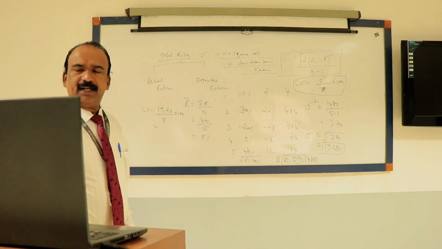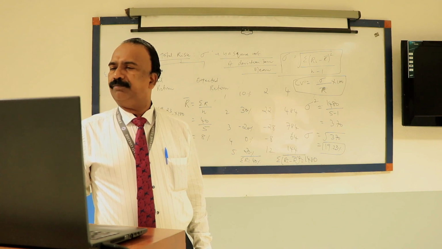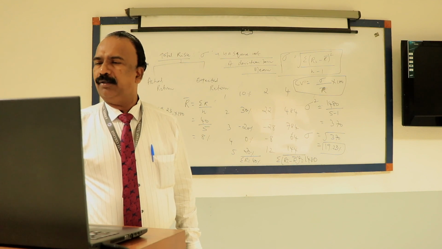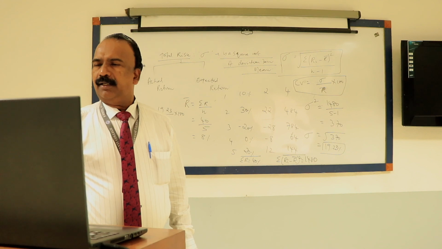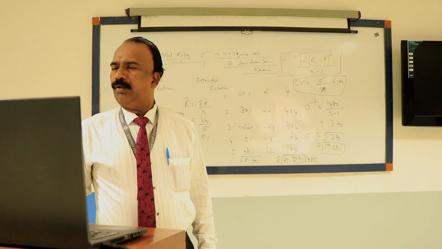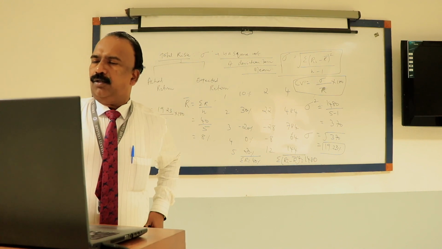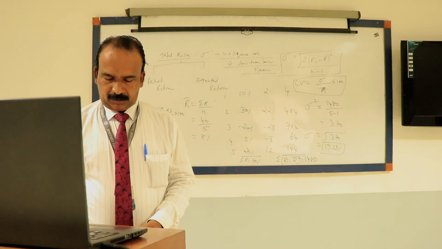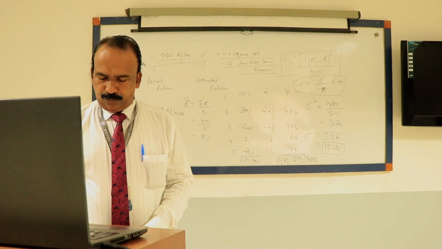So how much are we getting? 19.23 divided by 8 into 100. How much are we getting? It will not come 40. 214. Now you multiply by 100, no? Yes, sir. How much comes? 240.